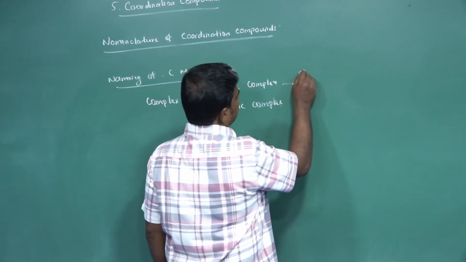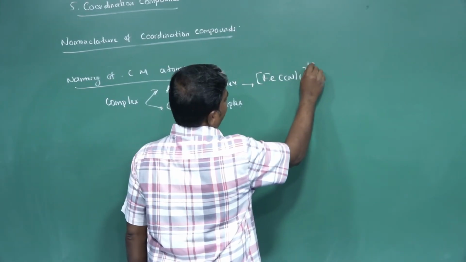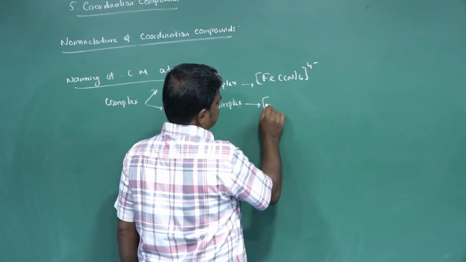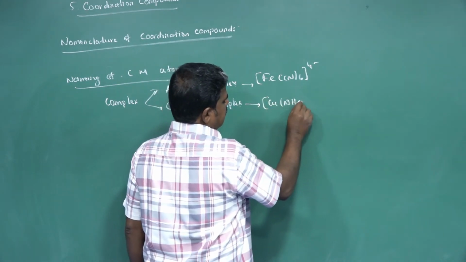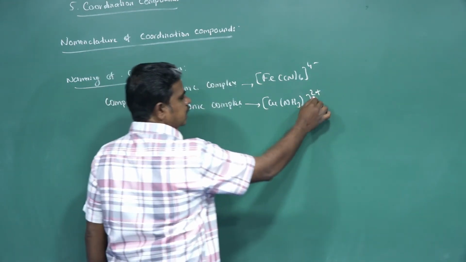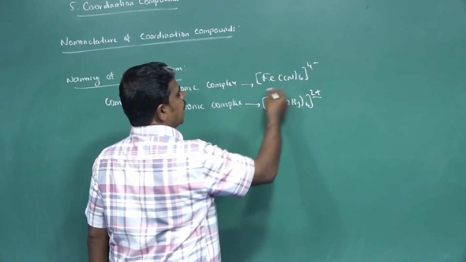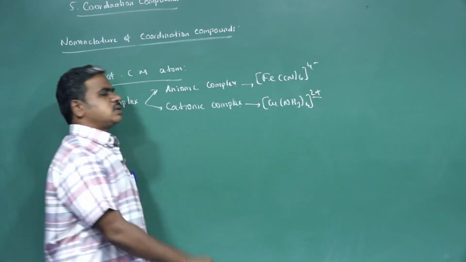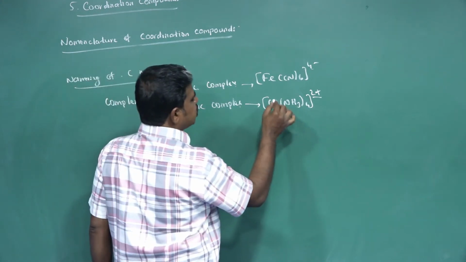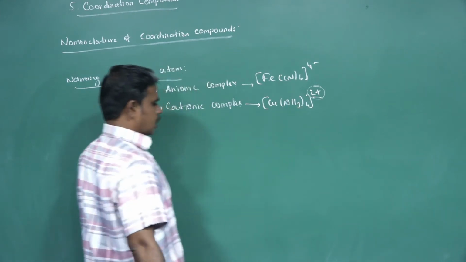For example, [Fe(CN)6]4-, and here [Cu(NH3)4]2+. Now this one is the cationic complex and this one is the anionic complex because of the charge of the complex.